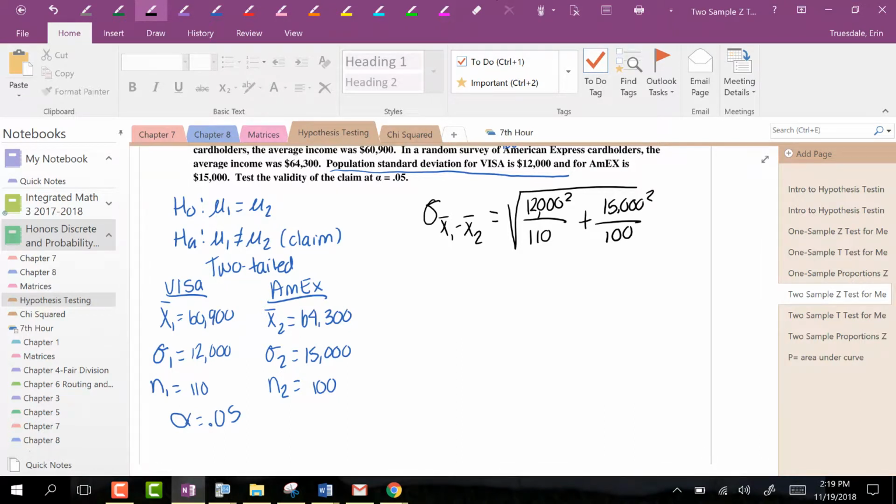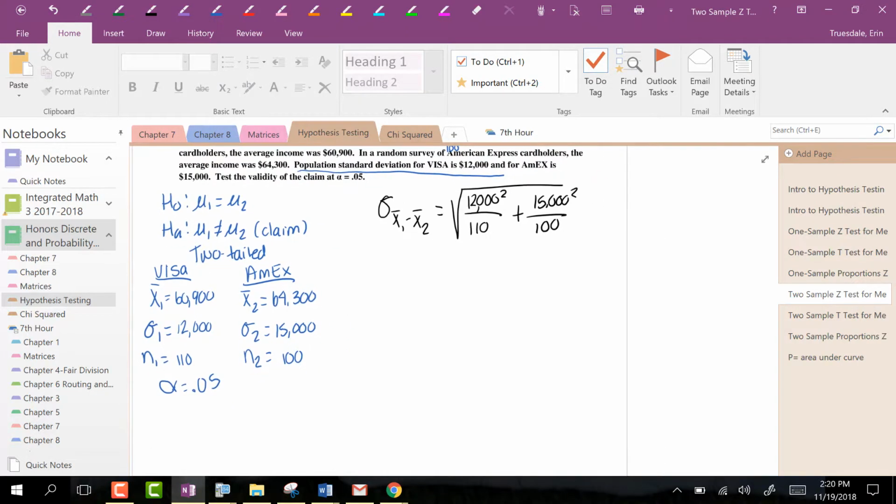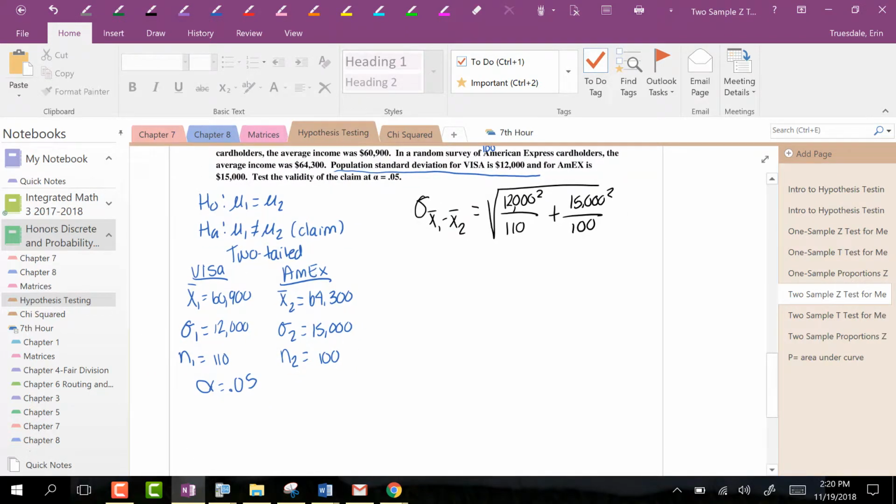I do think that some of the mistakes that were made on the quizzes, there weren't a lot, but some did come from not typing it in the calculator correctly. So when I give you time to practice that, or maybe you're relying too much on your group to do some of the calculations for you, you need to make sure that you know how to type it in the calculator, because you don't want to get it wrong just because you can't type it in.